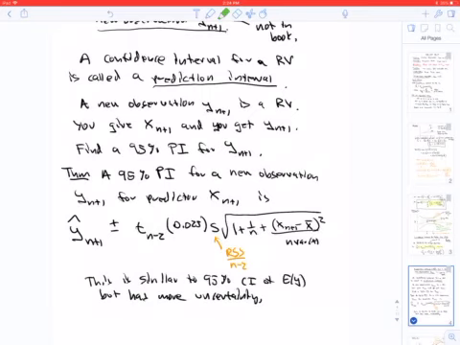So you give x n plus 1 and you get out y n plus 1 from your experiment.